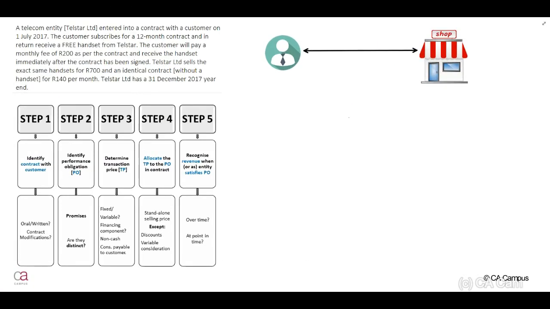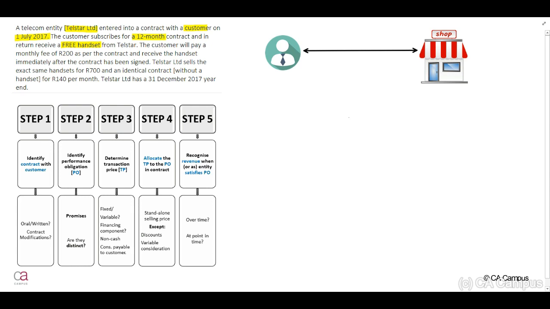Telstar Limited. Now, I've included all of this on one page again to indicate to you how to apply the 5 steps to this basic example. A telecom entity, Telstar Limited, entered into a contract with a customer on 1 July 2017. The customer subscribes for a 12-month contract and in return receives a free handset from Telstar.